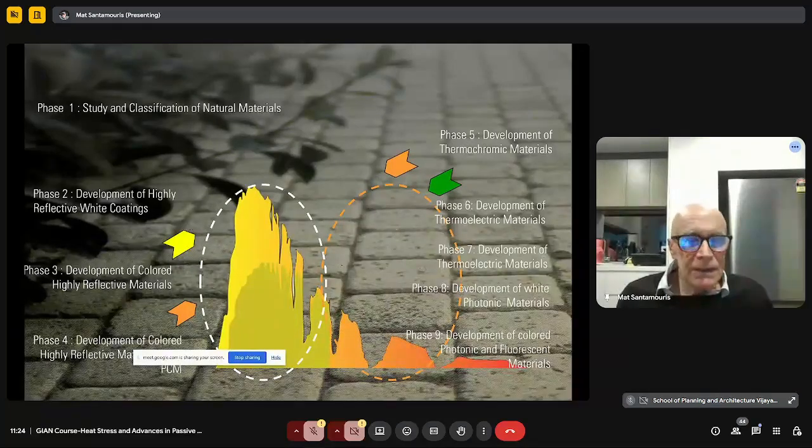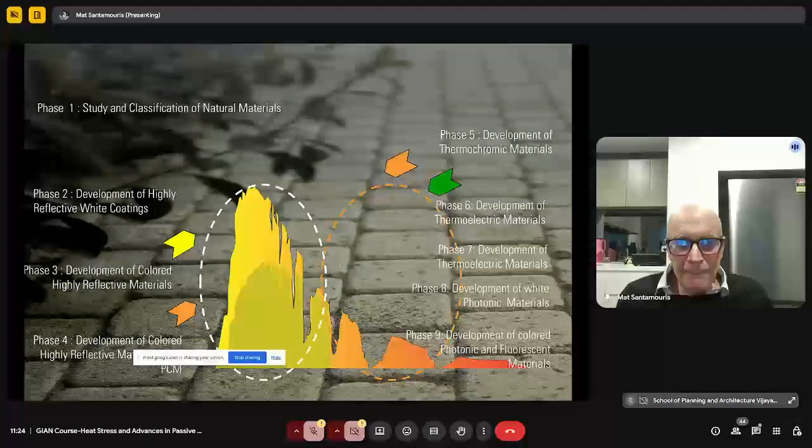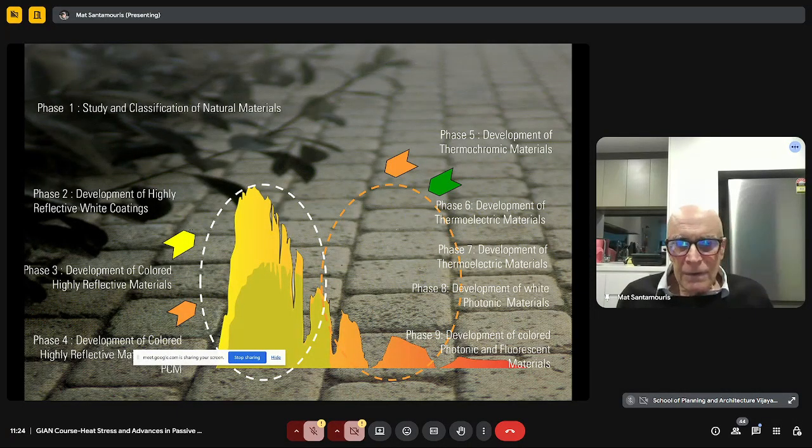So these materials started to enter the market by the 90s and a little bit later, and still are used. For example, in the oil-producing countries, they paint all the tanks where they store the oil with this kind of material. Why?